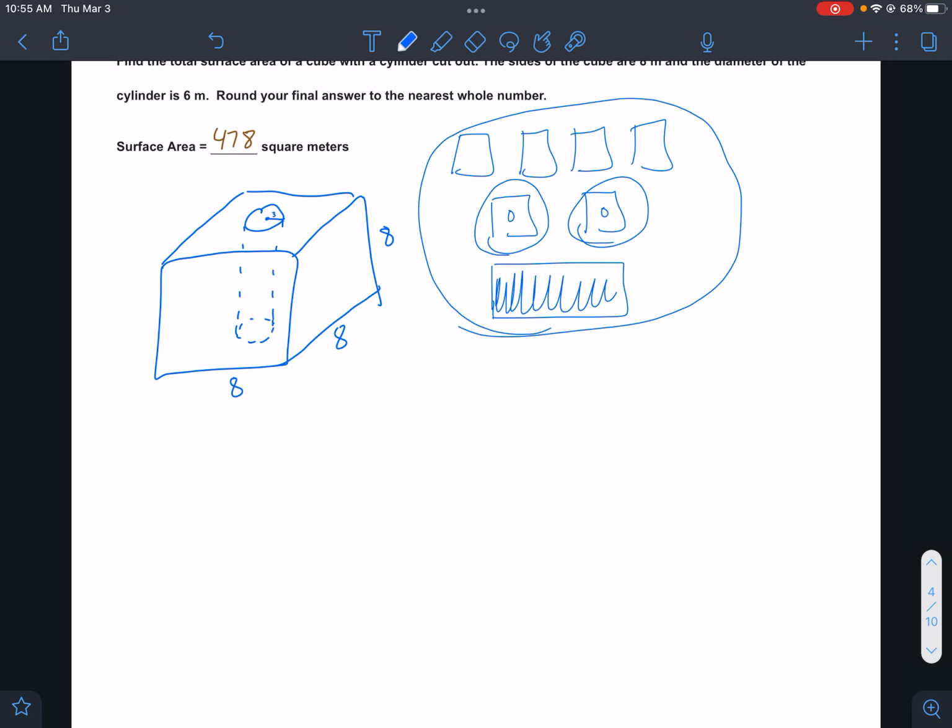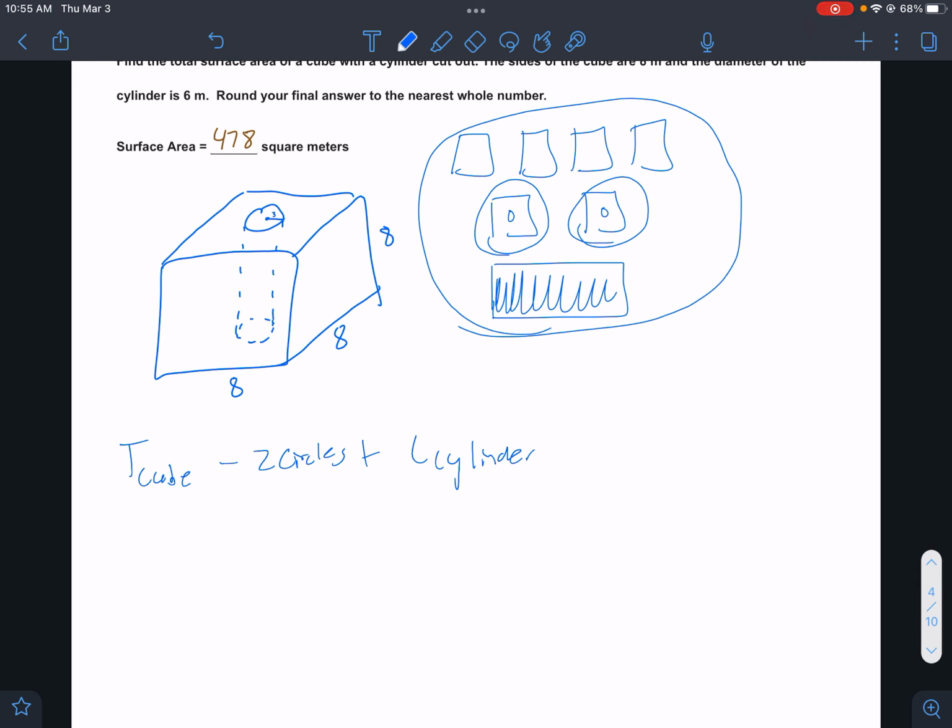So my plan is going to be the total of the cube minus two circles. Those got to go. Those aren't there anymore. They're gone. Plus the lateral of the cylinder. That lateral is on the inside of the cube. The inside is not a surface until you expose it.